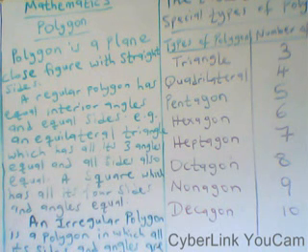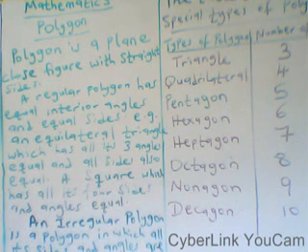Now the next thing is, in this polygon we are talking about, there are types. Apart from classifying them as regular or irregular, we also have different types of polygon.